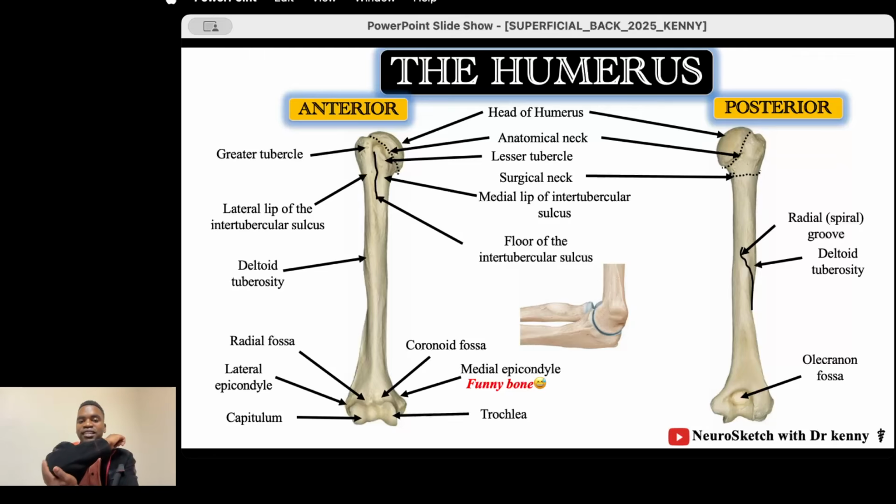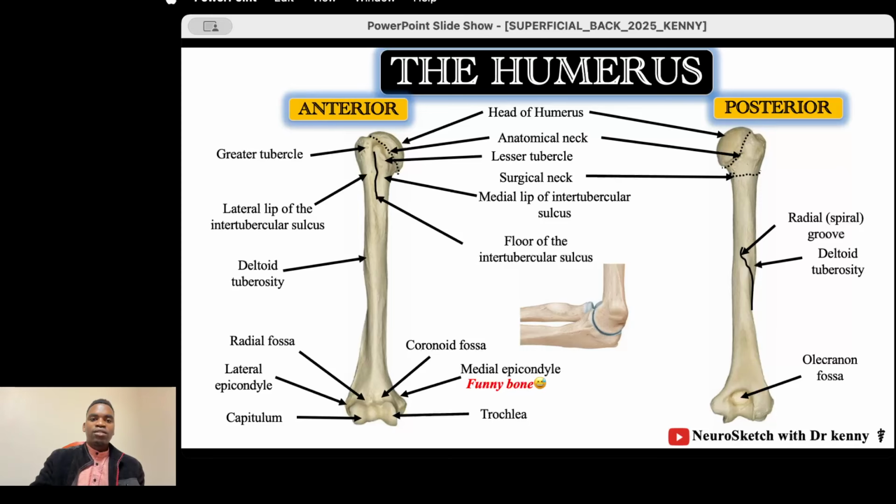So you can extend the elbow joint up to this point, because from there the olecranon process of the ulna occupies the olecranon fossa of the humerus, and so there is no more extension.